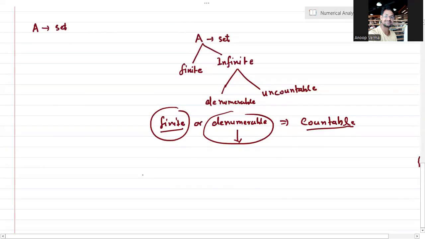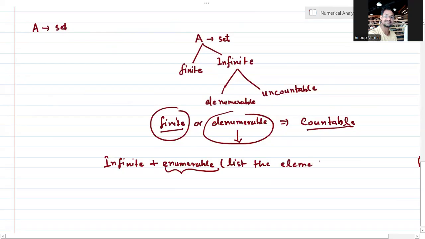If a set is infinite plus enumerable, what is the meaning of enumerable? We are able to list the numbers, list the elements, like A1, A2, A3, A4, A5, and so on.